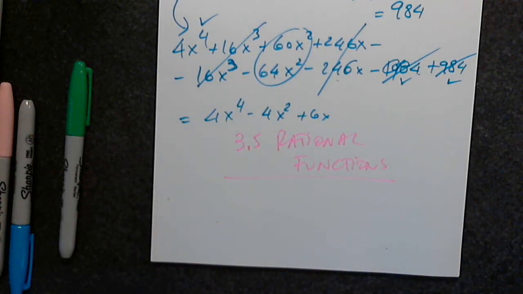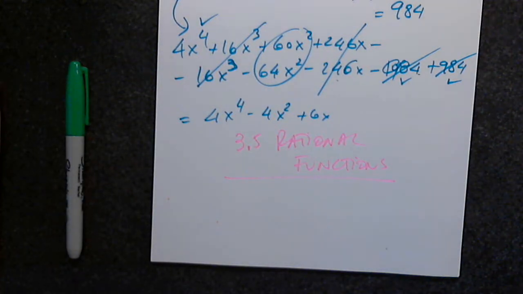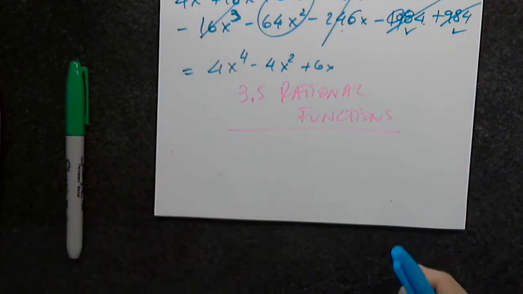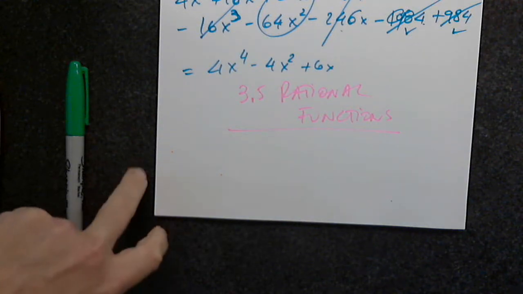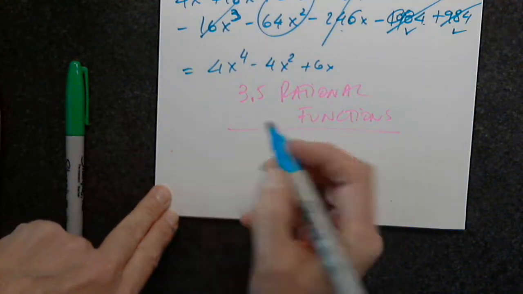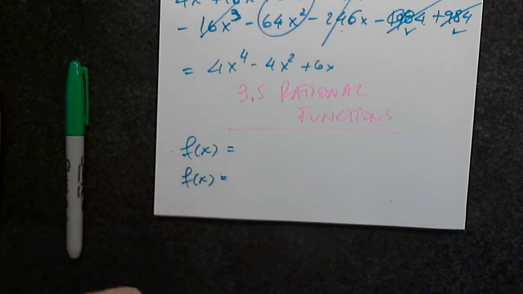I would say, in my opinion, that these are the most sophisticated functions in this class. I'm not saying difficult, because you are going to recognize a lot from polynomials, but they require a little bit more attention.